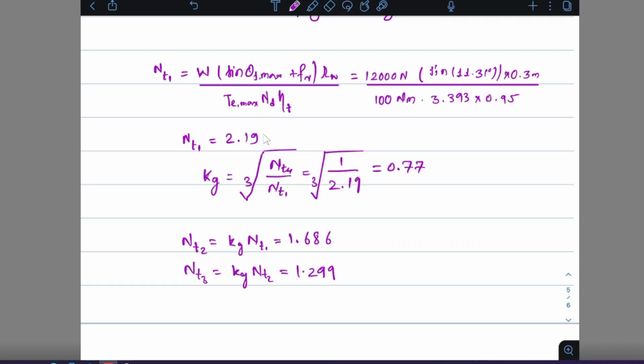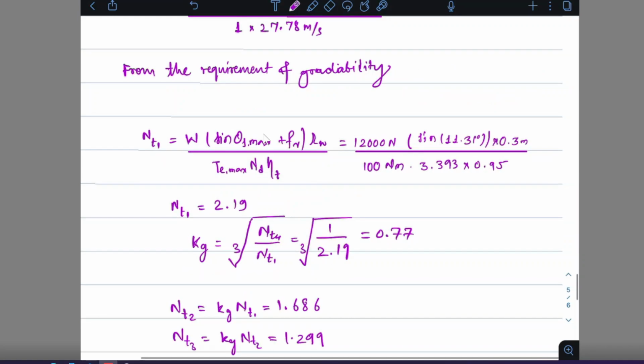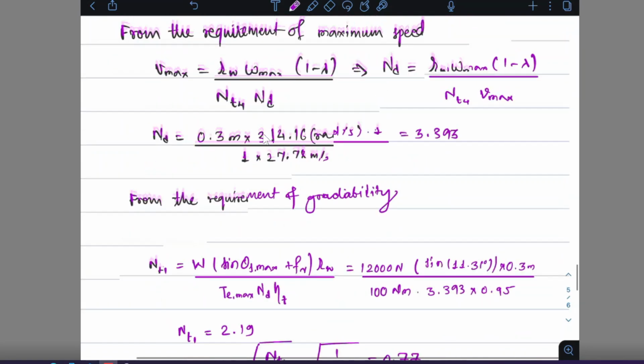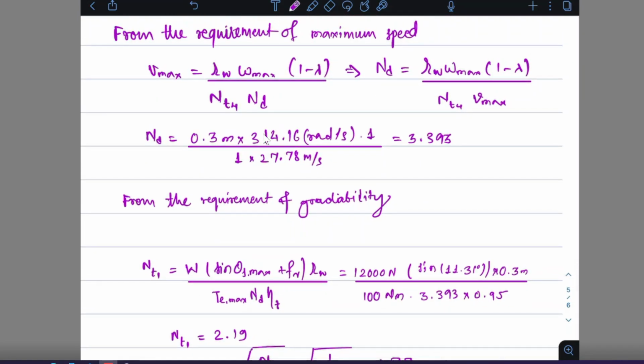Why neglect lambda? Because that will take you into the understanding of tire and tire model, and for this particular calculation, we need not go in that direction. Anyway, we have this as 1 minus lambda, right?